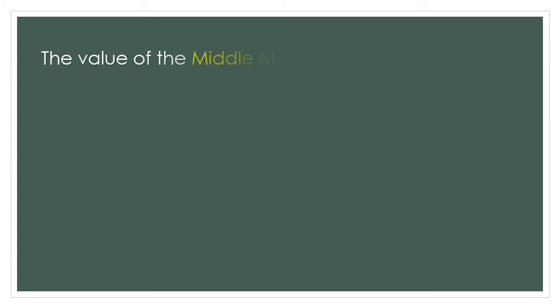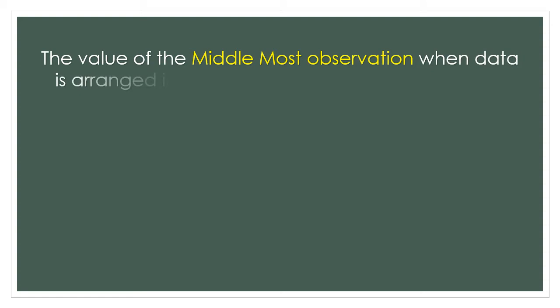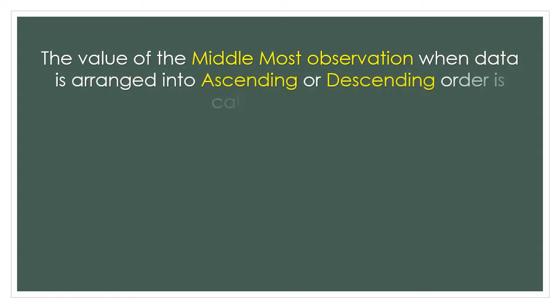The value of the middlemost observation when data is arranged into either ascending or descending order, that value is called median. That means when we arrange our available data into either ascending order or the descending order, the value or the observation which is in the exact middle of the given data, we call that median.